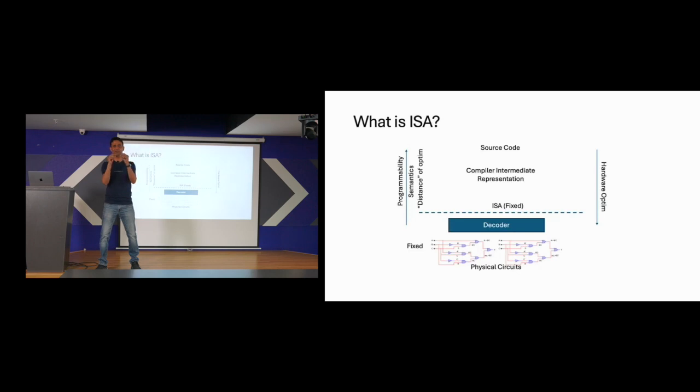So those sort of simple optimizations are possible at the decoder level, but the distance to which you can look to figure out the optimization patterns is much lesser when you are here, right? Are you able to get a feel for why that would be the case? Whereas in the case of source code, the compiler can actually have a view of the whole program in one go, right?